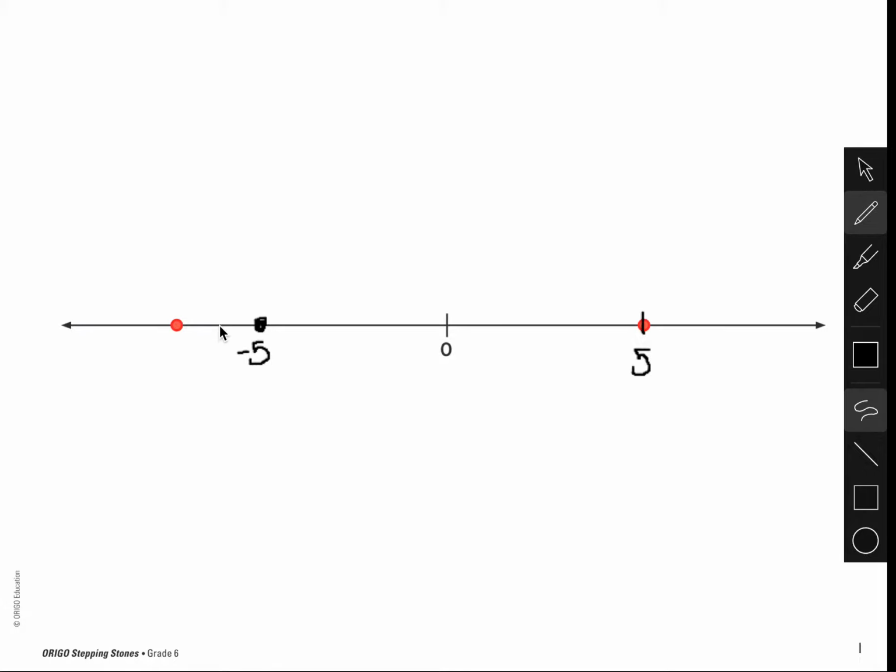So this, I would say, would probably be -6, and then we'd have a -7 here. So hopefully you were close. Hopefully you knew that you needed to be further away from 0, and that your negative number should have been an integer that is less than -5.